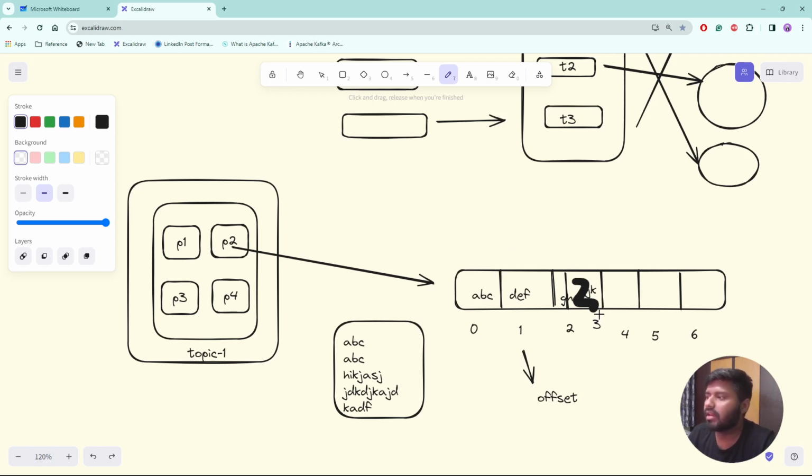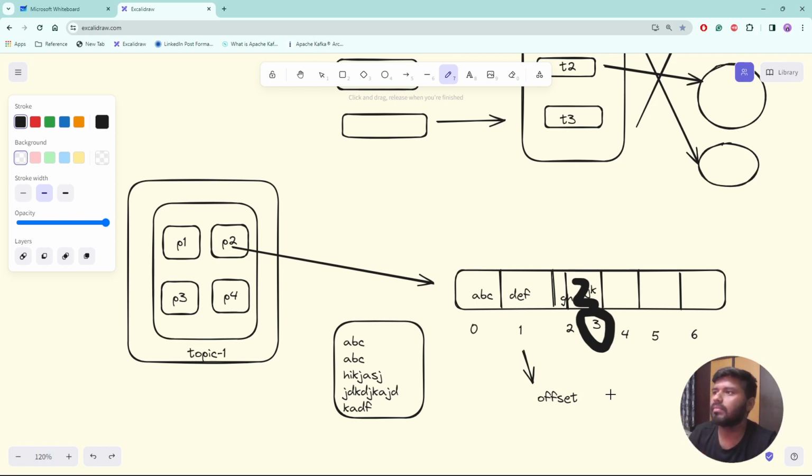I can access this area of the information by defining the offset value, which is 3. That's how flexible Kafka is: you are not only able to store a huge number of records and access the earliest record saved in the log file, but you also have the capability to define a certain offset value and fetch the information at that value as well.